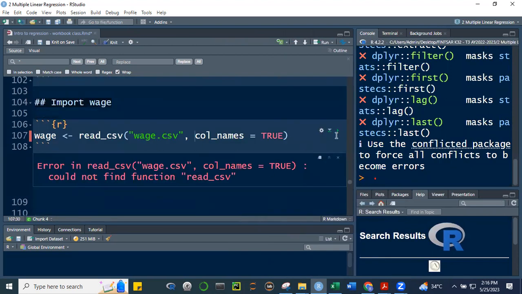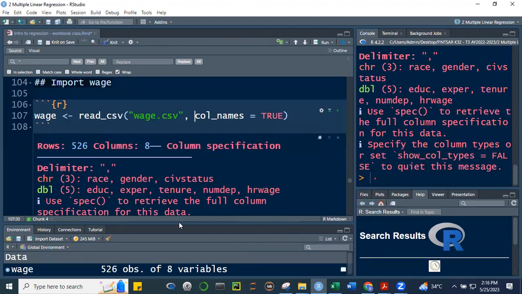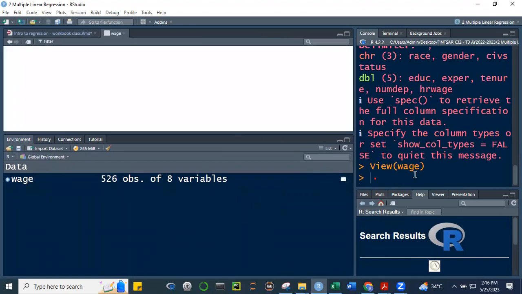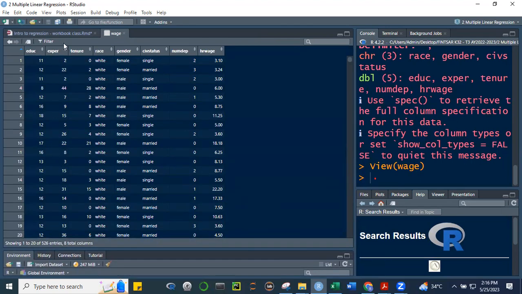Okay. So, run ko ulit to. Okay. Magra-run na yan kasi na-load ko na yung tidyverse. Yan, there. And you can now see that there's an object here. Wage object. So, na-load na natin si wage object. If I click this, it's the same as View. And then you have now your data: education, experience, tenure, race, gender, zero status, number of dependents, and hourly wage. So this is the data that we're going to work on Monday.